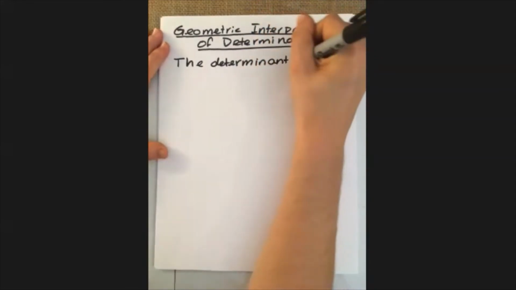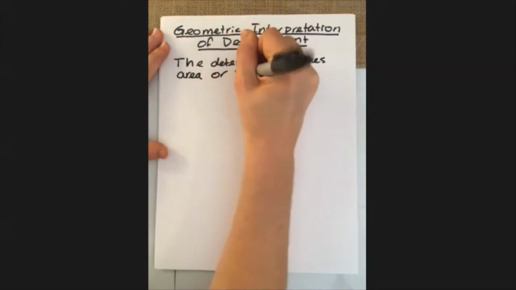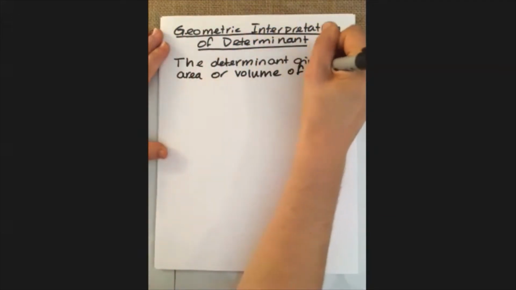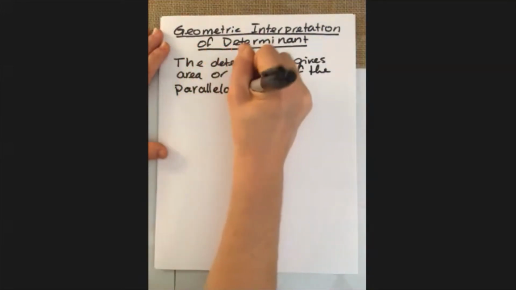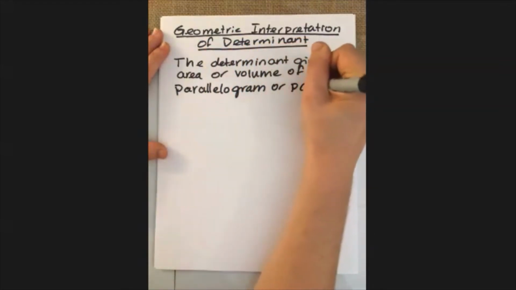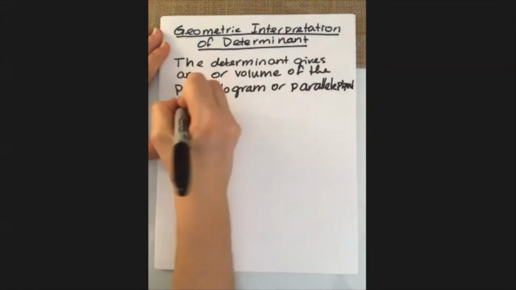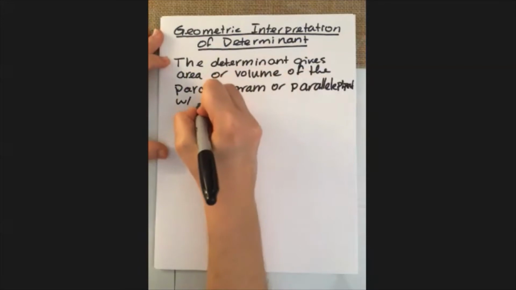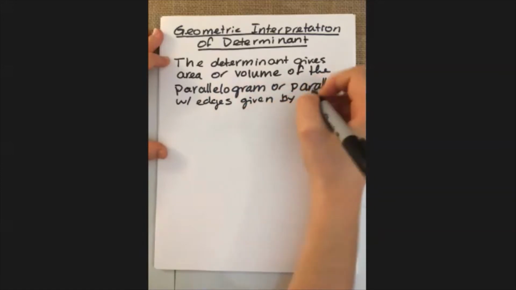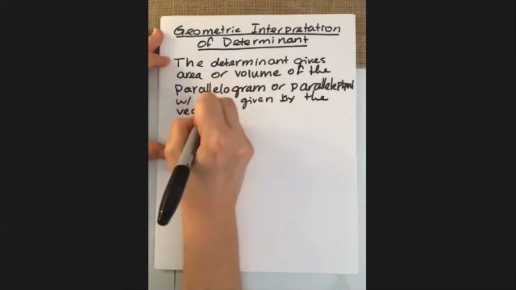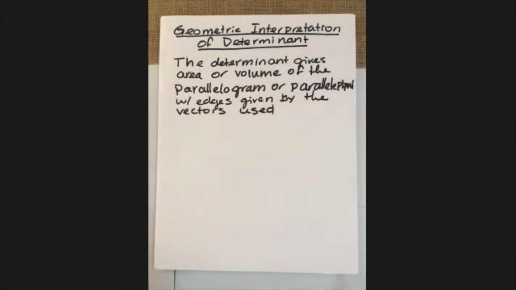So in particular, the determinant gives area or volume of the parallelogram or parallelepiped that has edges that are given by the vectors that you're working with. So what does that mean? Let me just draw a couple of pictures.